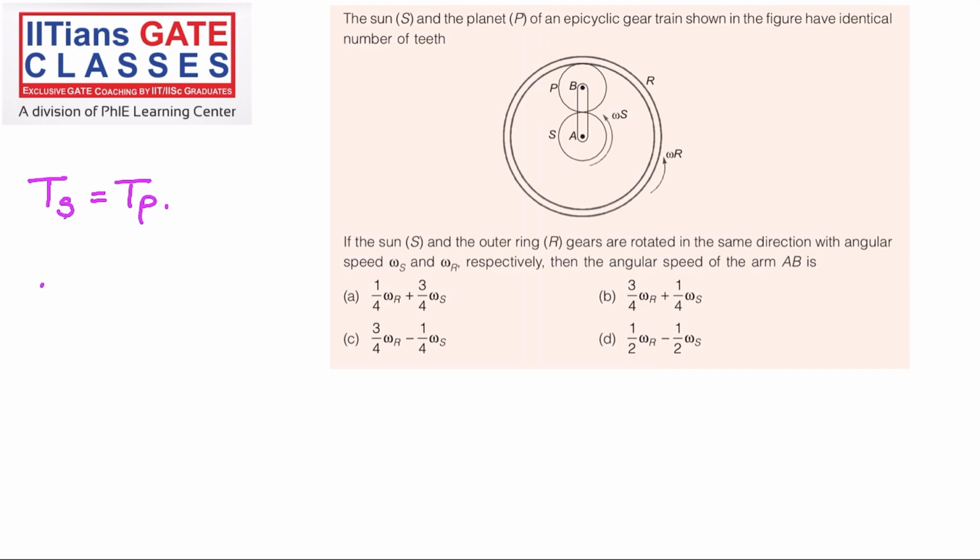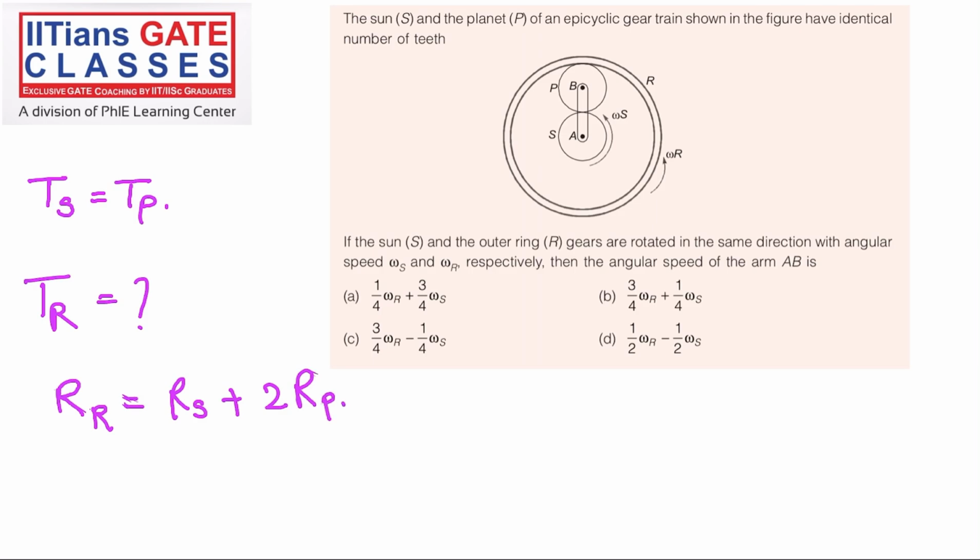So let us see how to find out the number of teeth on the ring gear in terms of number of teeth on planet gear or sun gear. We will use this equation.